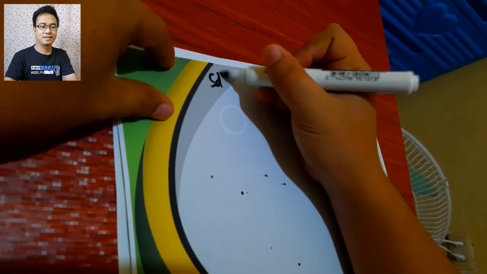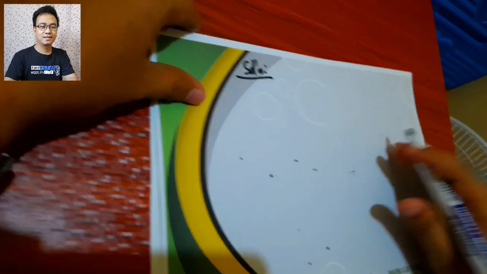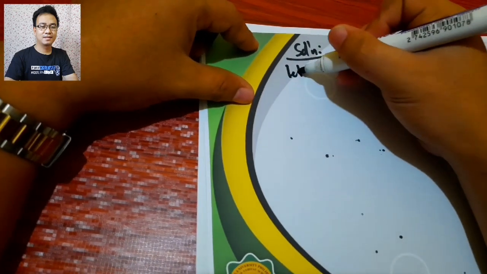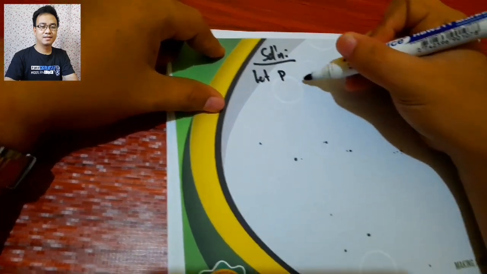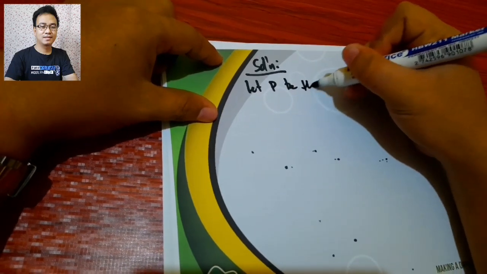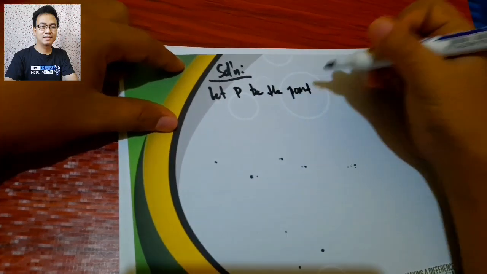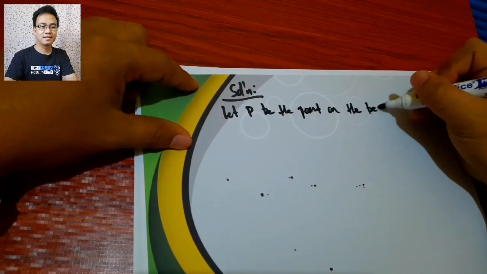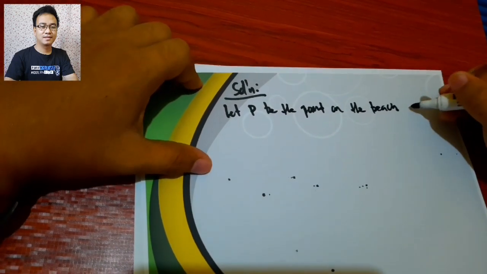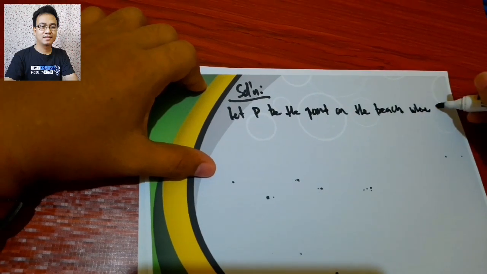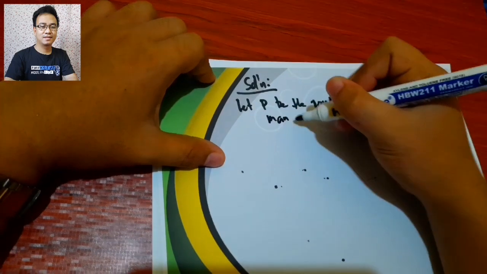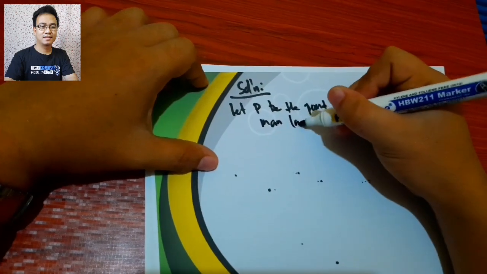So for our solution, of course, we let P be the point on the beach where the man lands.